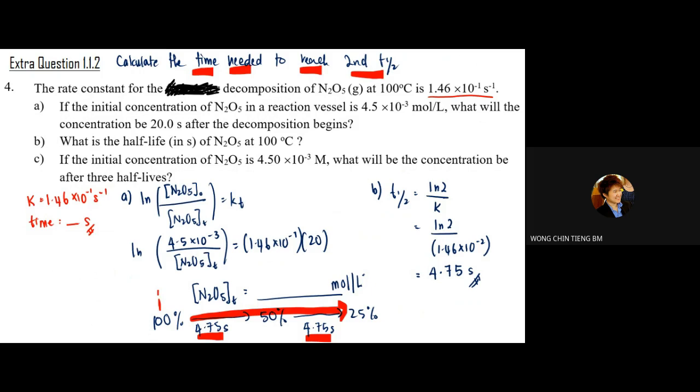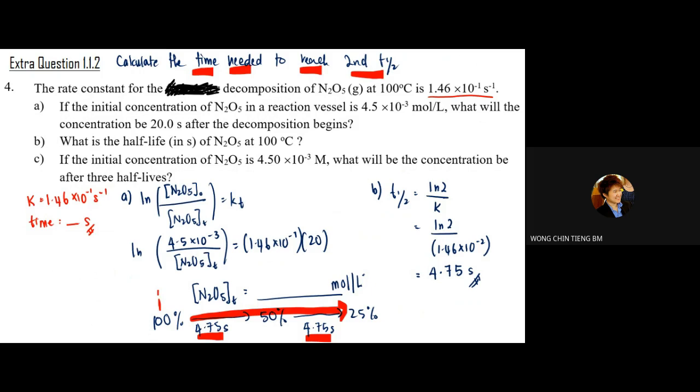Oh, because it asks for concentration. I asked for time. What is the time needed for you to reach the third half-life? Right? You will get 3. So now, concentration. It asks for concentration.